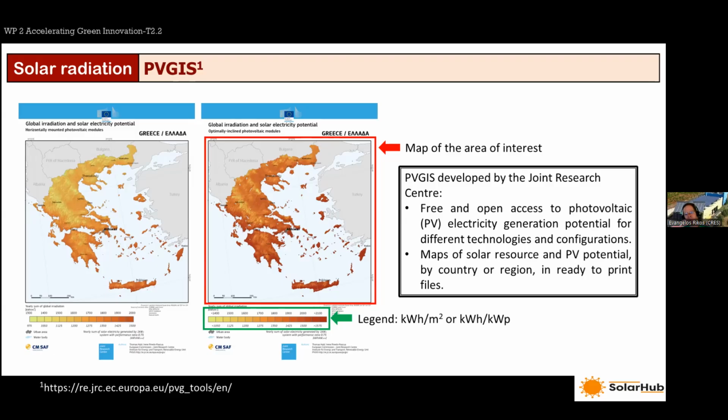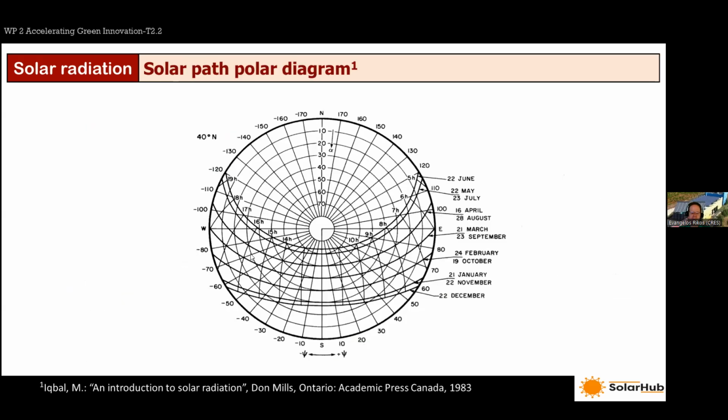And this is a function, if I go back a few slides, of the solar path and the latitude, then you know where to expect the sun to be most of the year, so you know if shading would happen or not.